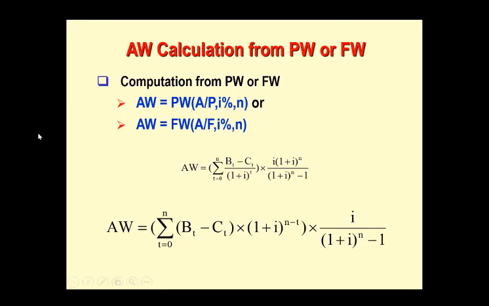And second, we can calculate the annual worth from the future worth. If we know the future worth, we take the future worth times the factor. Here is the sinking fund factor, given F, find A, annual value.